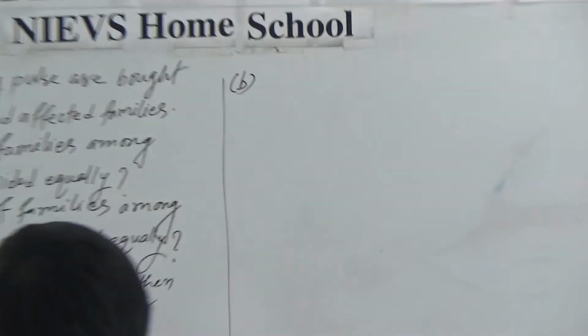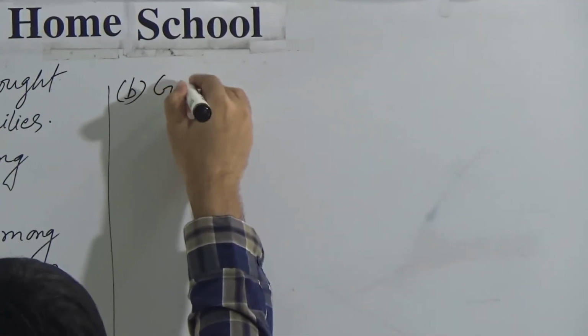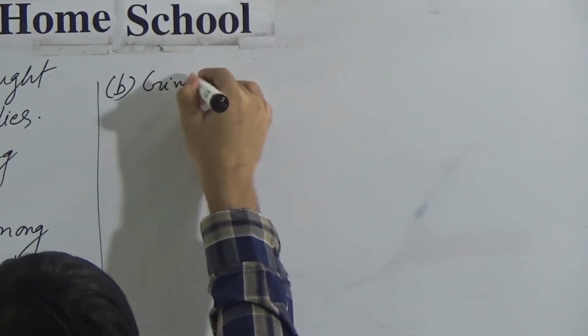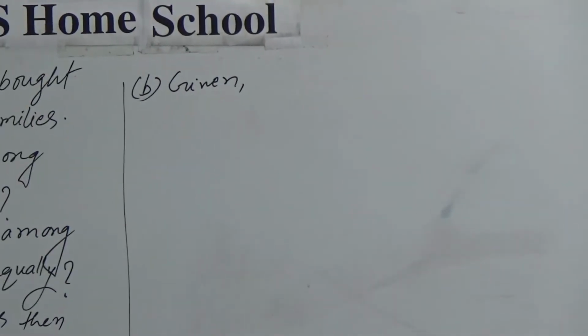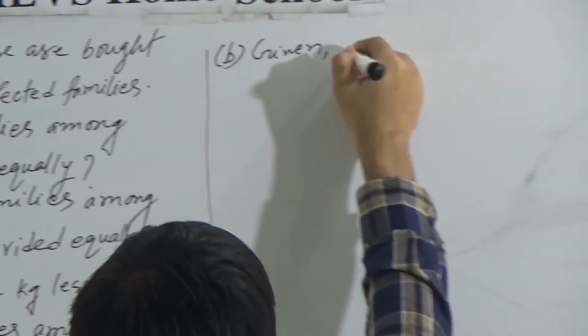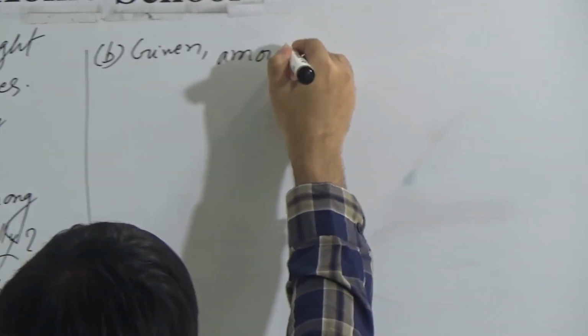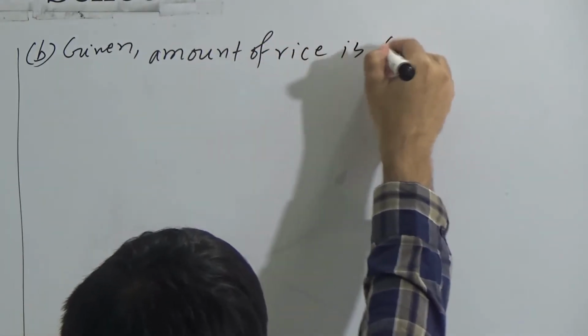Solution of question B. To solve question B, we have to write the given information. What is given here? We need here rice, pulse and flour. So we can write here 60 kg rice, 40 kg flour and 32 kg pulses. Amount of rice is 60 kg.